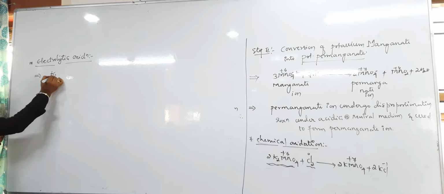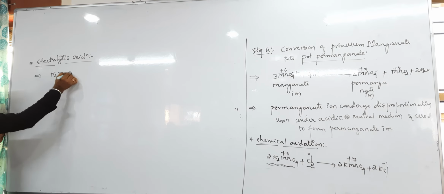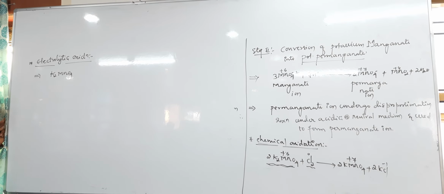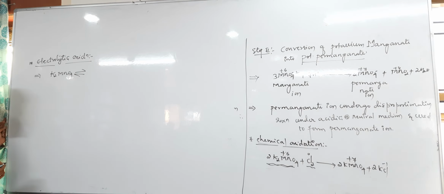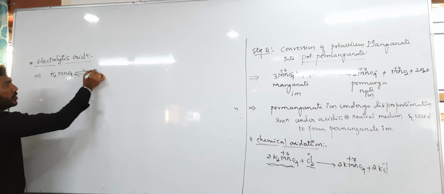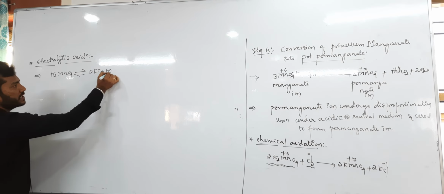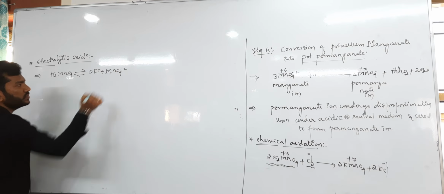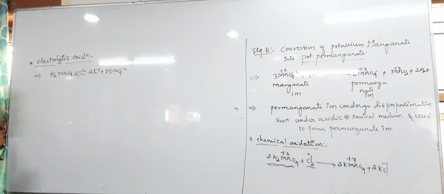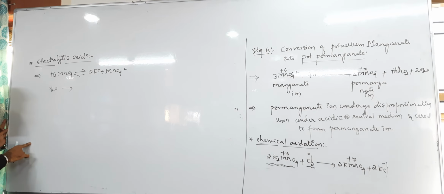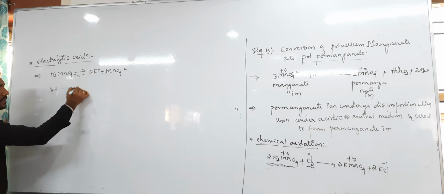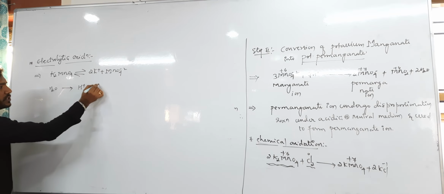I'll have K2MnO4, which undergoes decomposition and forms 2K plus and MnO4 2 minus. And suppose there is an aqueous solution, so H2O also undergoes decomposition and forms H plus as well as OH minus.